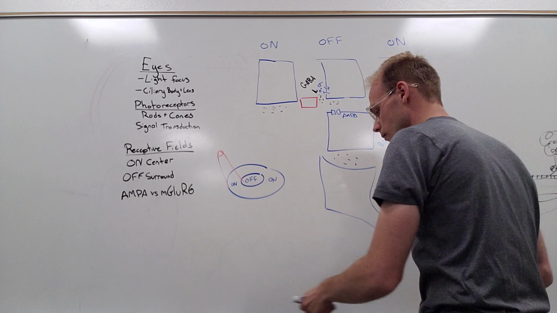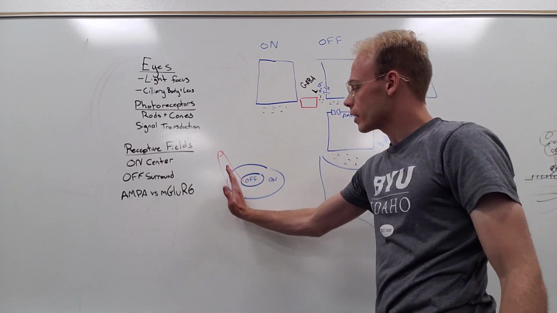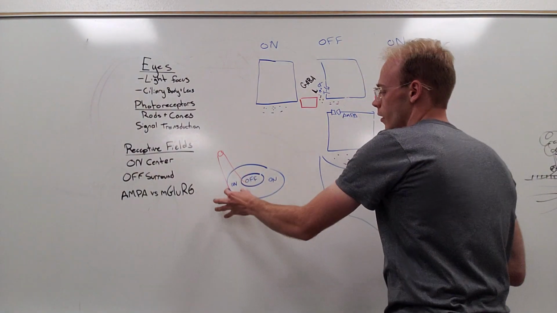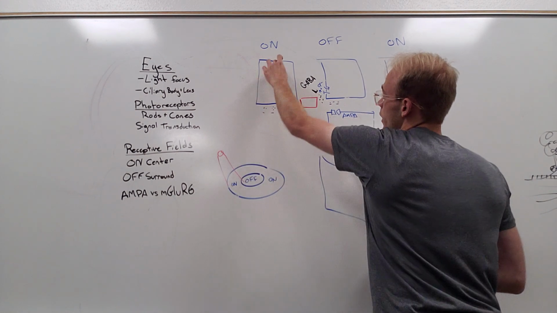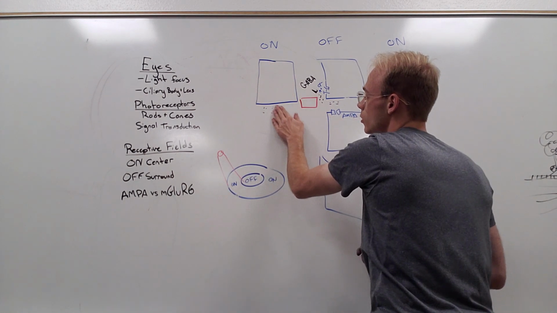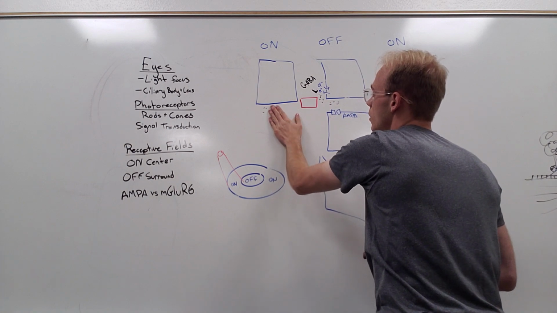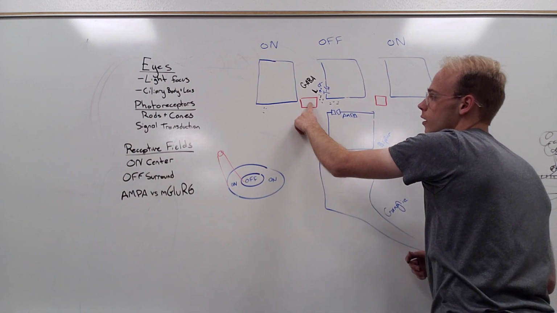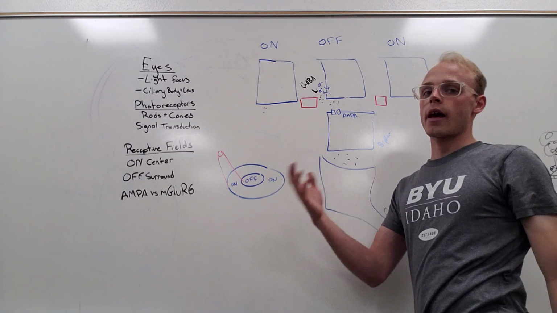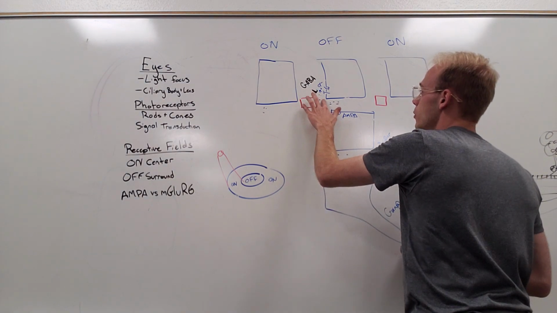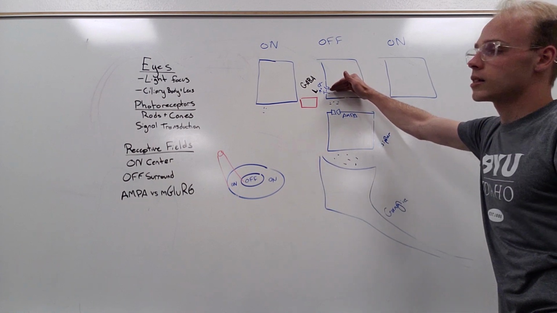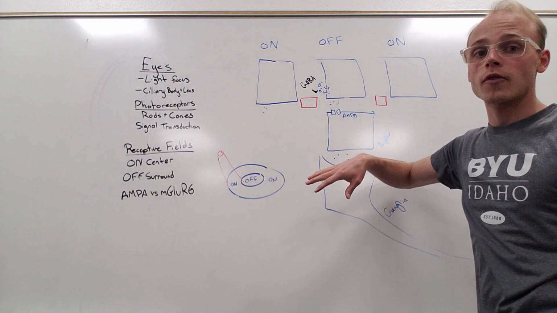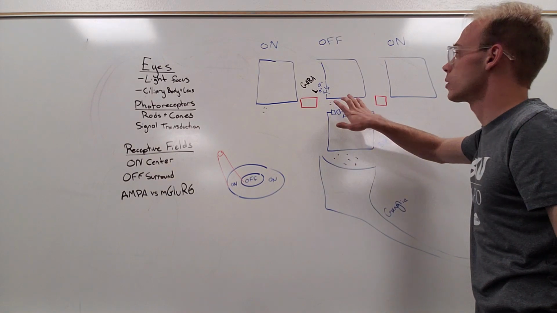So in this example where I have light shining only right here, if I have light on this on portion, light here causes less release of glutamate, which means this cell isn't depolarized as often, which means I'm releasing less GABA, which means this cell is allowed to depolarize more often, which means it will end up releasing more glutamate.